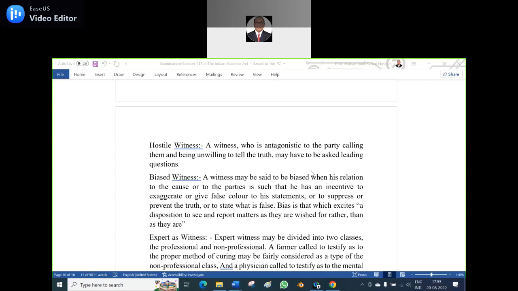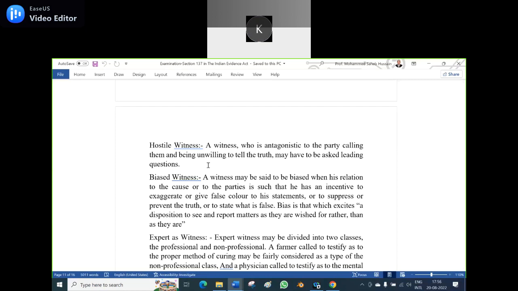Moreover, this hostile witness at first is a favorable witness. Later he becomes hostile. What was expected of him, he doesn't say. He says something which is hostile.